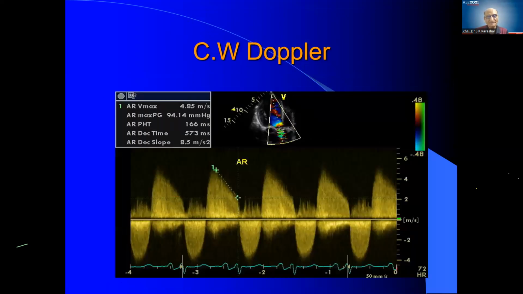Now see here, this gives you everything. This is below the baseline, aortic valve in systole, so stenosis, and this is above the baseline. Remember, any flow going towards the transducer is above the baseline. Any flow going away from the transducer is below the baseline.